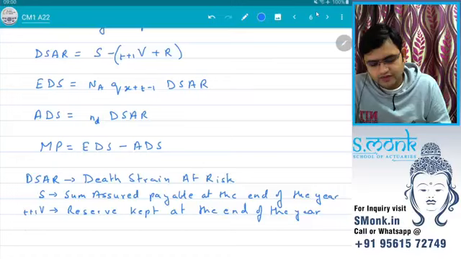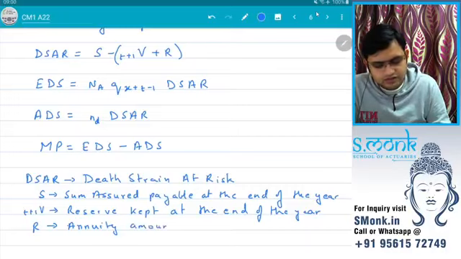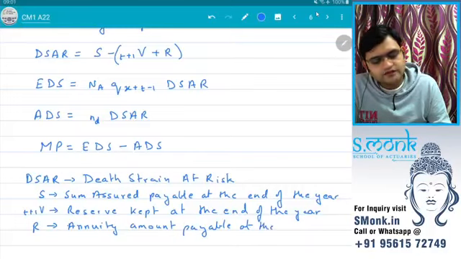Then R is the annuity amount payable at the end of the year.